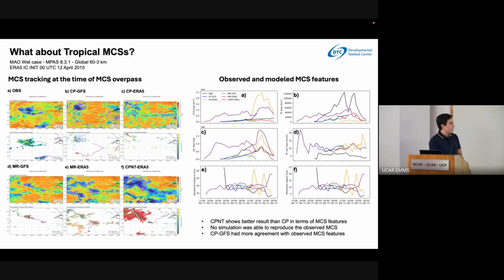But I had a good meeting with Songyou Han yesterday, and he said that possibly the spurious convection that I'm seeing from these convection permitting runs, I mean, using the convection permitting physics suite, could be from the Thompson microphysics.